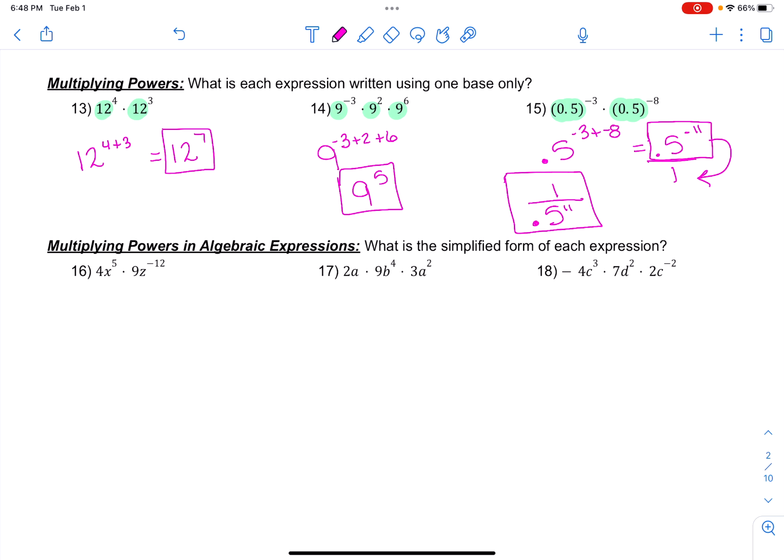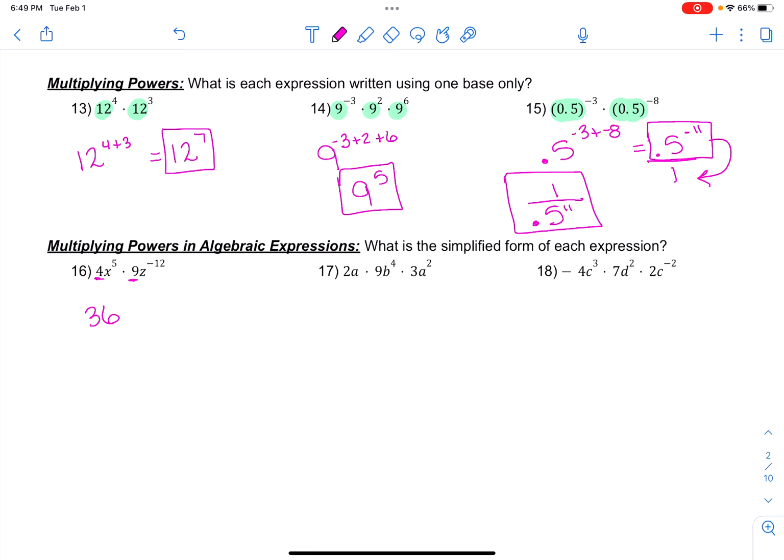So for number 16, we have 4x to the 5th times 9z to the negative 12th. So first thing, notice that we have a 4 and a 9. We're multiplying. So first thing that we want to look for is those numbers, and we want to go ahead and combine those. So we want to do 4 times 9. 4 times 9 is 36.